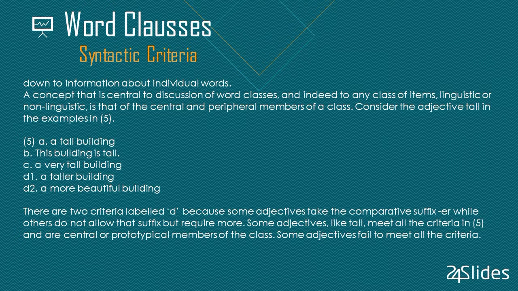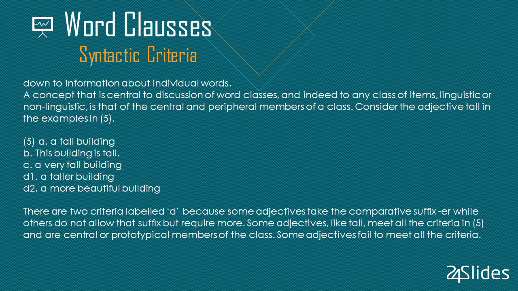Consider the adjective tall in the examples in 5. A. A tall building. B. This building is tall. C. A very tall building. D1. A taller building. And D2. A more beautiful building.